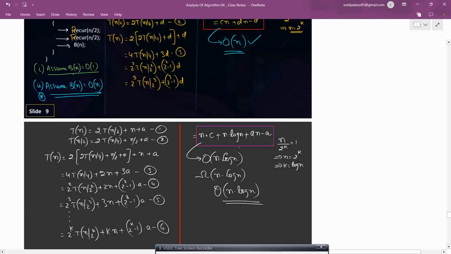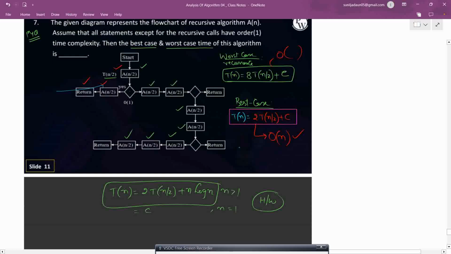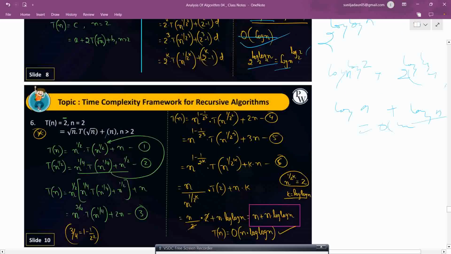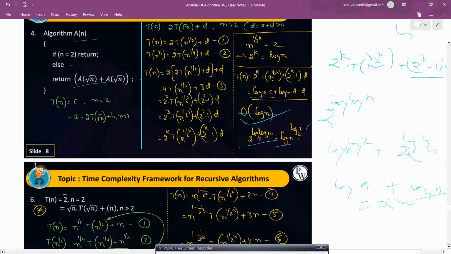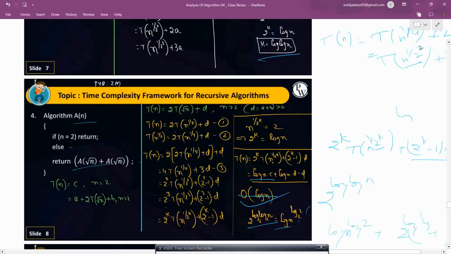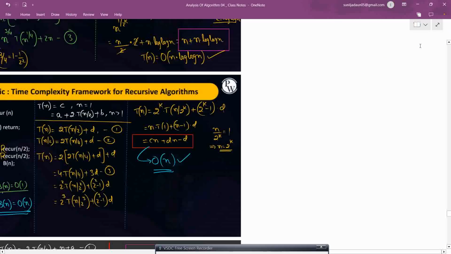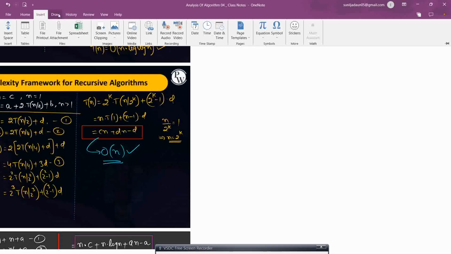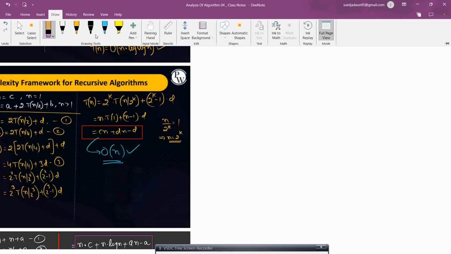Now what? Again, some questions are here. This is also a question: T(n) is equal to 2 if n is equal to 2, and otherwise it is the recurrence. So let's discuss this separately. Right? First, we'll draw it out in a different way.